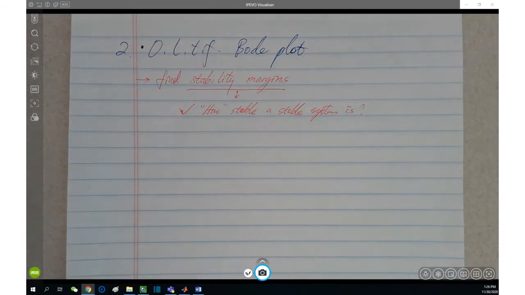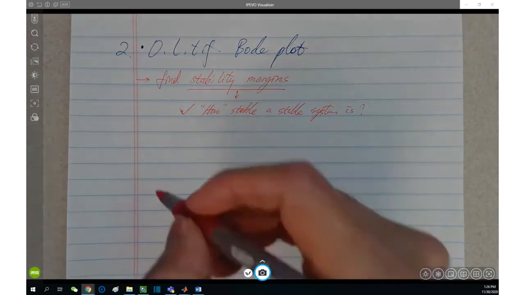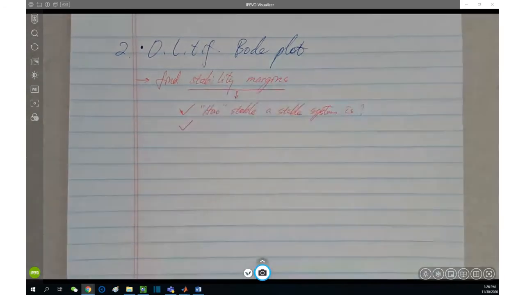We all know that the system must be stable, otherwise it's meaningless for anything else. However, a stable system is still different from another stable system in terms of stability. The level of stability is different, and it matters. Why does it matter?